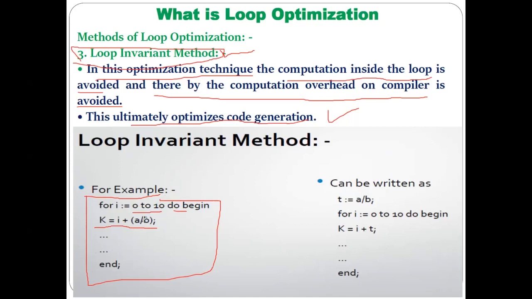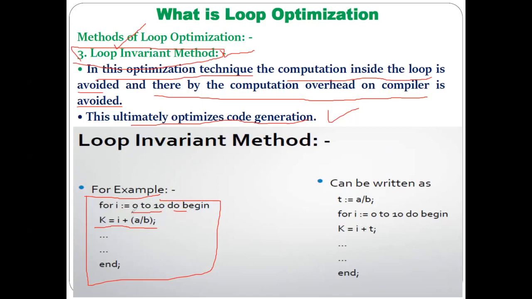But if you see here, in this code there is a certain expression which is a loop invariant. What do you mean by loop invariant? Invariant means looping is not affecting that expression. The expression on which looping or iteration is not having any effect is called loop invariant code.